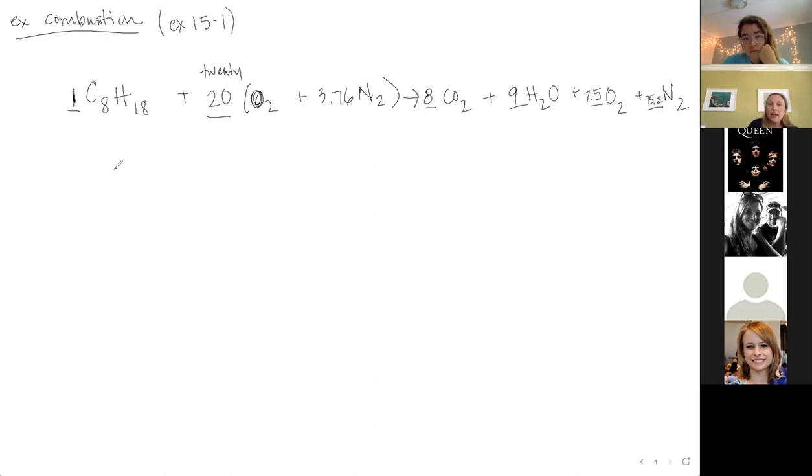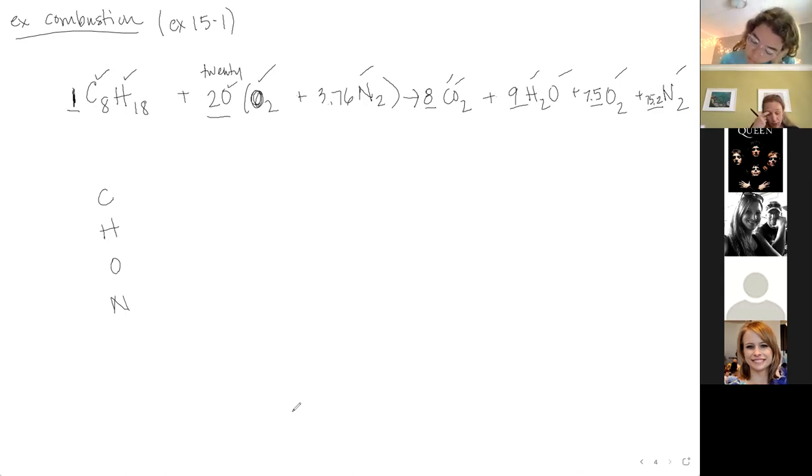Okay, so the way that I set up this problem is I look at all of the chemicals that are being represented. Here we have carbon, hydrogen, oxygen, and nitrogen.